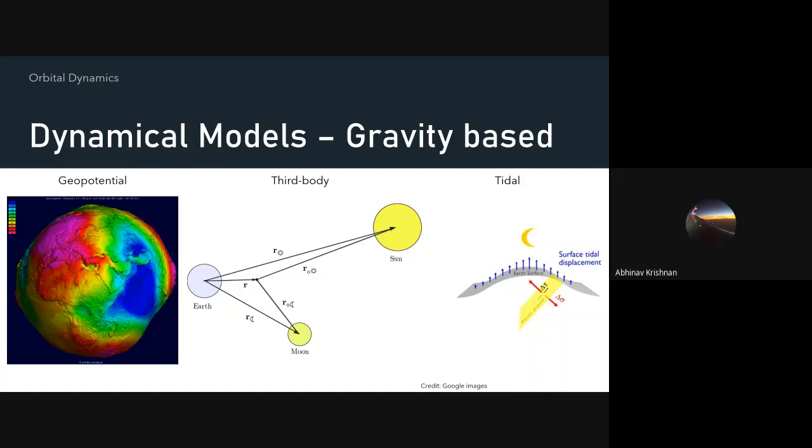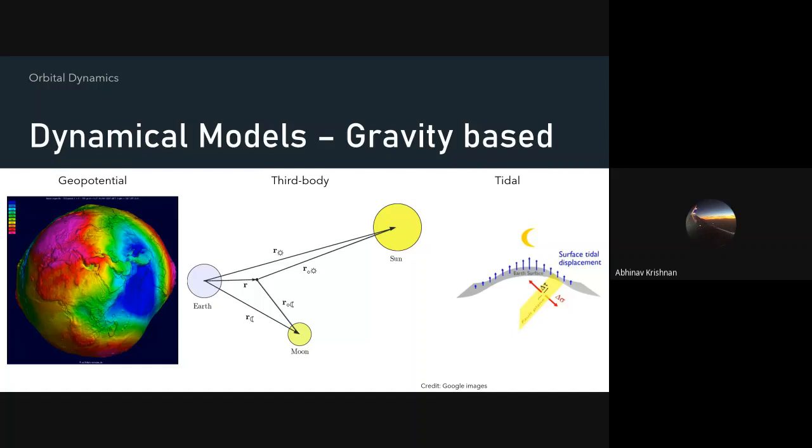And the next one is a third body. What is a third body? You have Sun, Moon, Venus, Mars, and then you have Jupiter, also Saturn. All of these exert a particular gravitational pull on the satellite when it's in space. And if you are in, say, geostationary orbit, a geosynchronous orbit, or even in the GNSS orbit, somewhere around 20,000 kilometers or so, you would still experience these pulls.